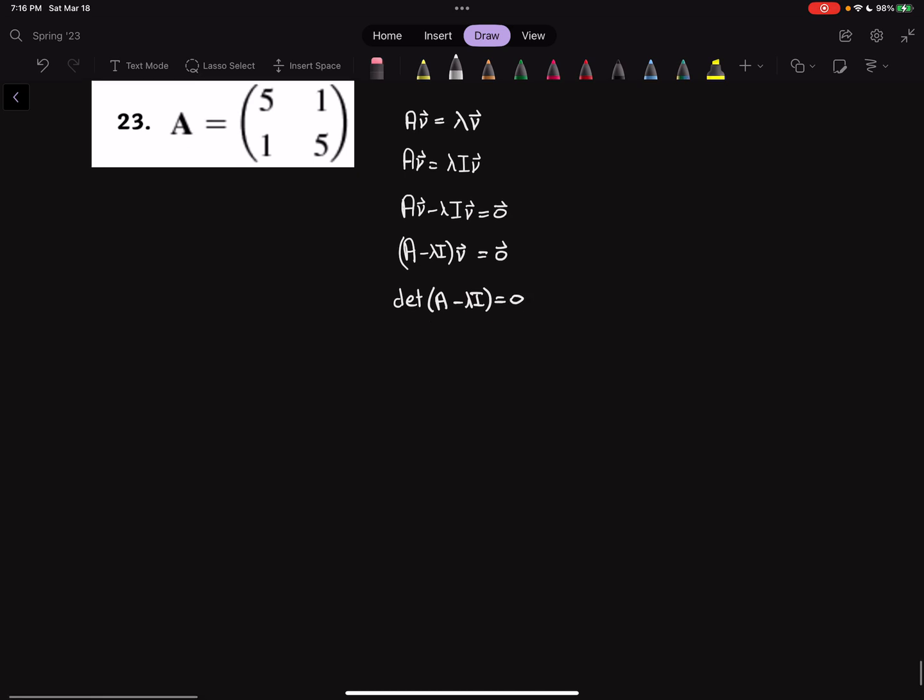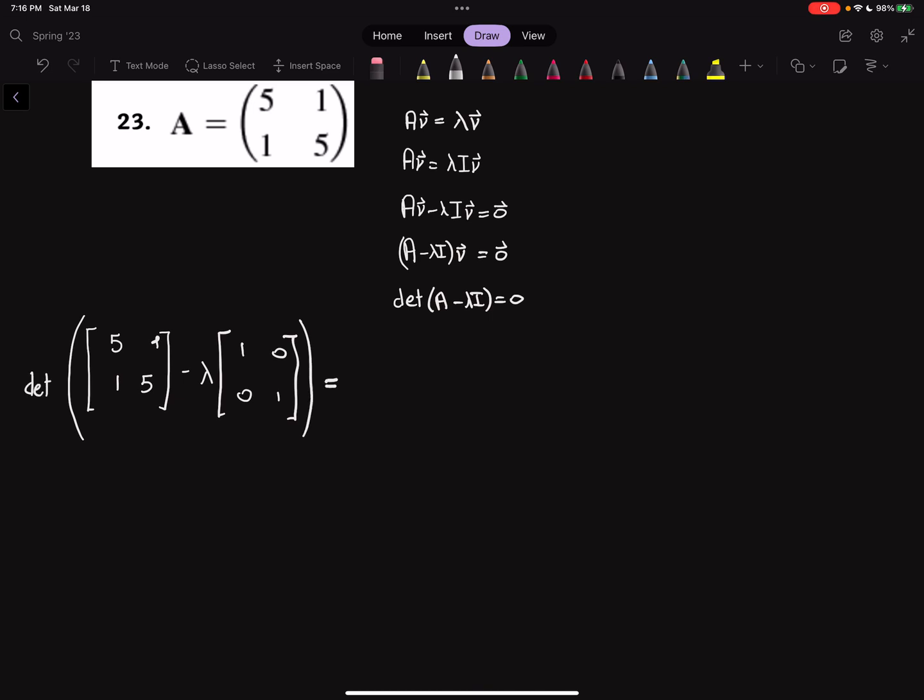Well, we have our A, 5 1 1 5, minus lambda and the identity matrix 1 0 0 1. And then we want to find the determinant of this. So I'll write it indicated like this.